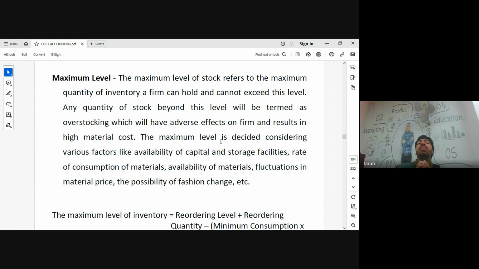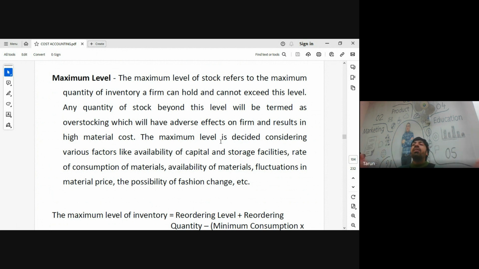Following various factors like the availability of capital and storage facilities, what is the rate of consumption of material, availability of the materials, how much the fluctuations will be in the material prices, is there any possibility of fashion change or not.